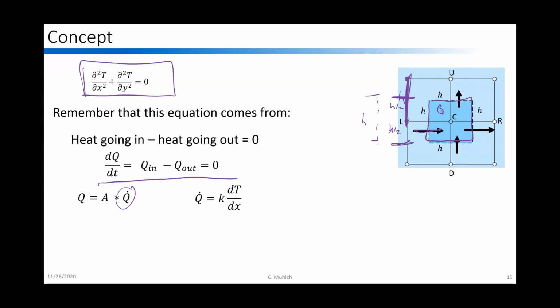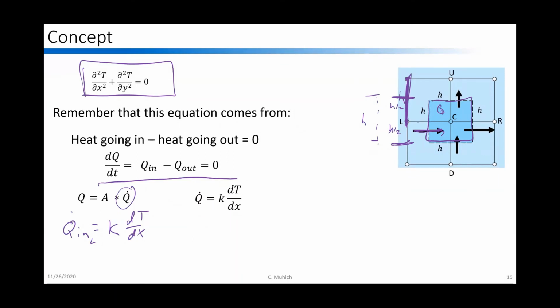So what's coming in is from this left-hand side. So let's write out Q in. Q flux in is K times, we'll call it Q in from the left, dT dx. So we're still going to use my definition of a derivative.